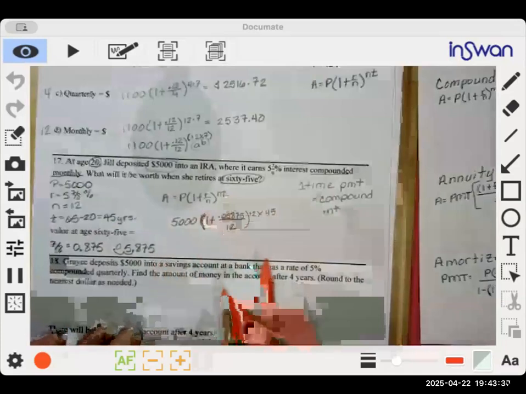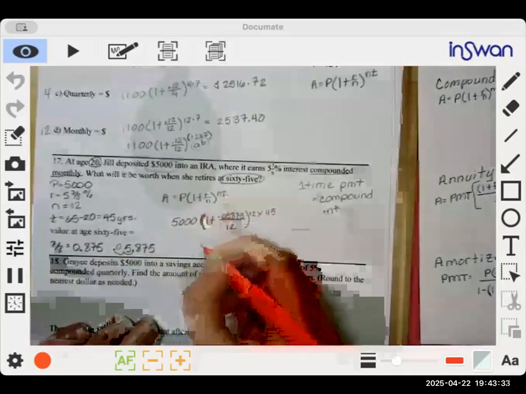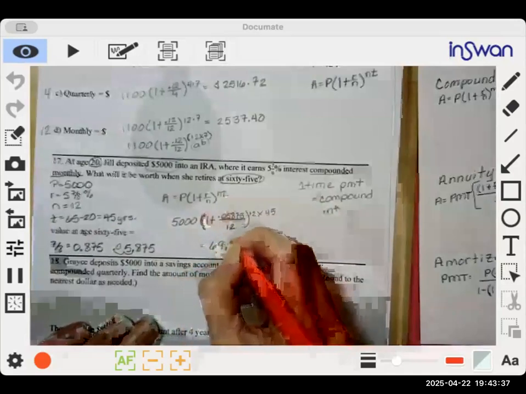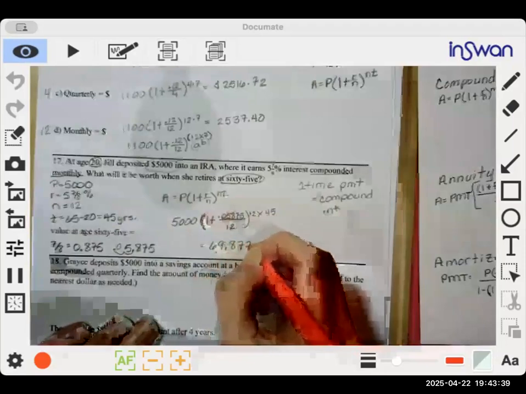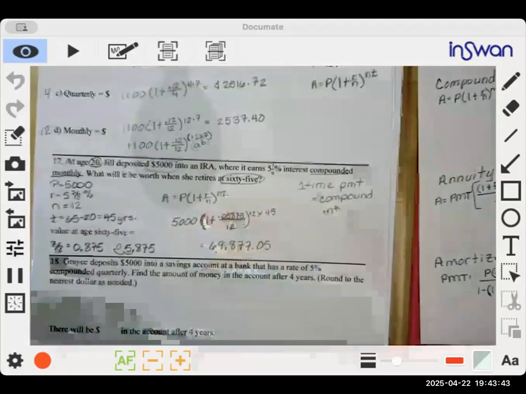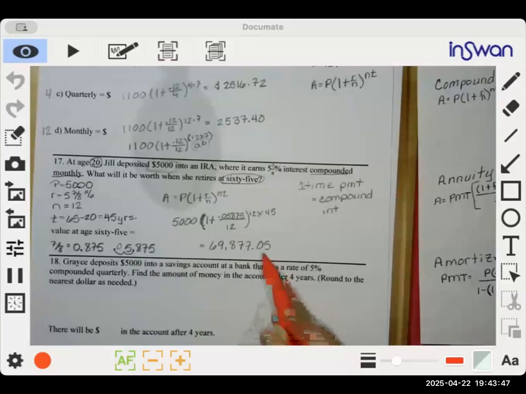Okay, so plugging that all in, you're going to wind up with $69,877.05. Always round to the nearest cent unless it says otherwise.